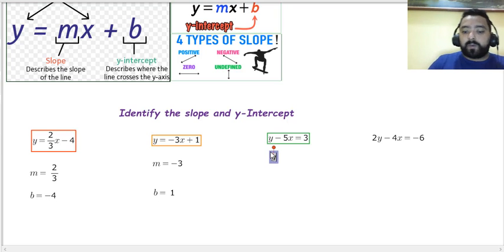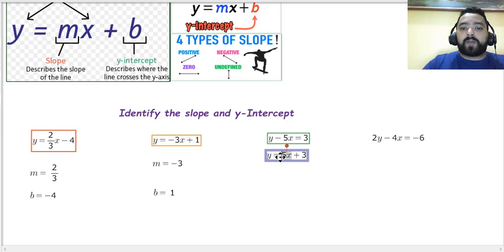We copy y equals. The negative 5x is negative, so we are going to move it as a positive 5x using the transposition of terms. So the inverse operations give us 5x and the positive 3. Remember, we don't change the sign of the positive 3 because we keep it in the same place.